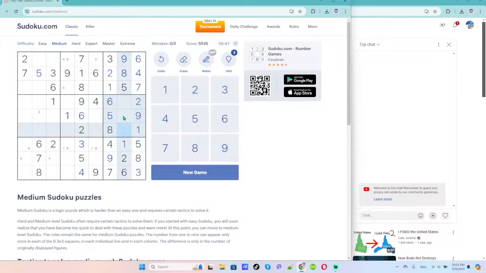And now we have an empty layer, an empty layer with 3, 4, 9, and 7 missing. So now what can we do?